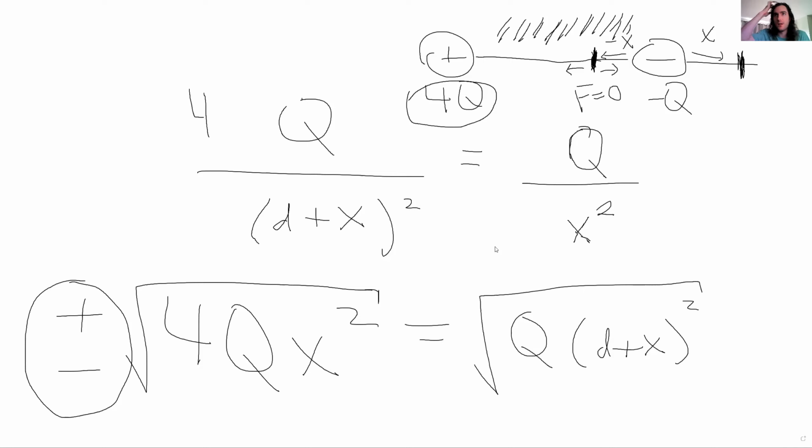Does that make sense? If I ask the question, where is the electric field equal to 0, you apply this exact same analysis. Wherever the force equals 0, that's where the electric field is going to be 0, right? Because if I put a test charge in a spot where there's 0 electric field, there's not going to be any force. So that's the first comment there on electric fields.